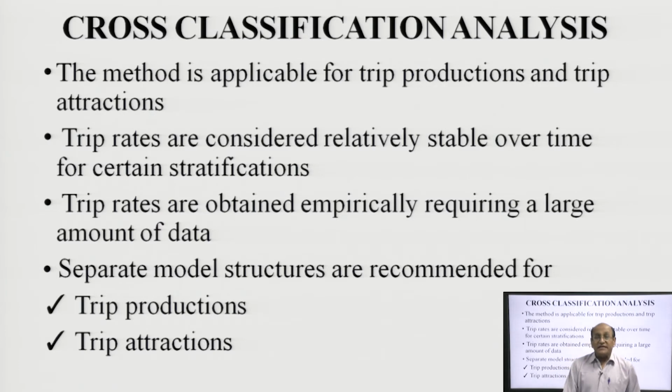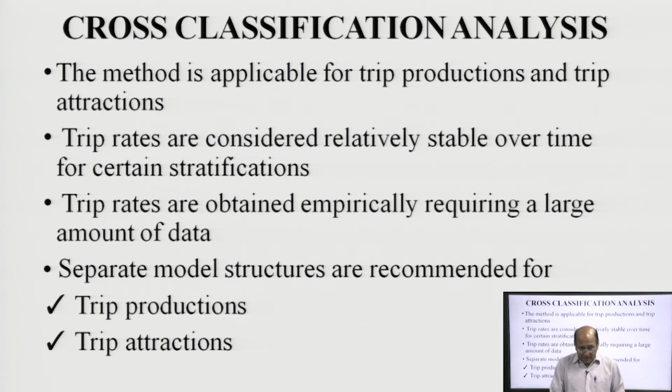The method is applicable for trip production and trip attraction both. Trip rates are considered relatively stable over time for certain stratifications. The trip rates are obtained empirically, requiring a large amount of data.